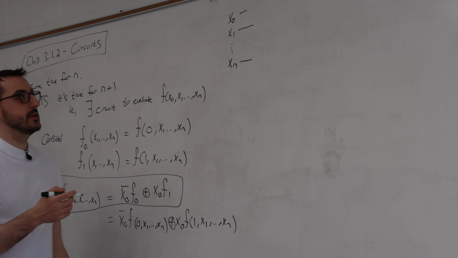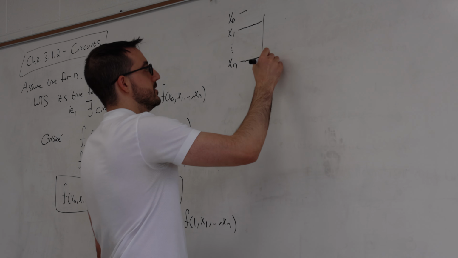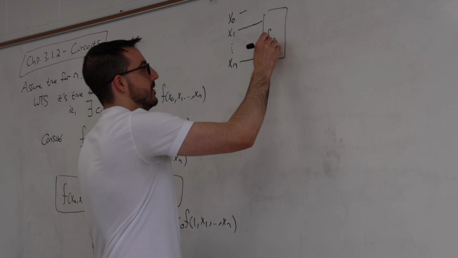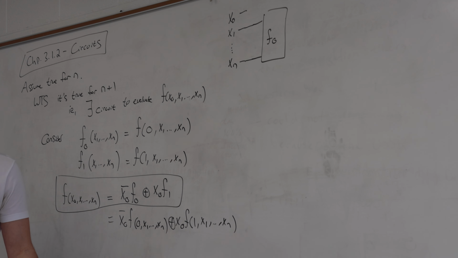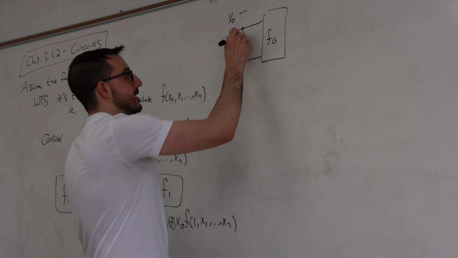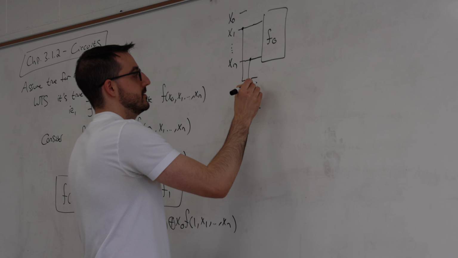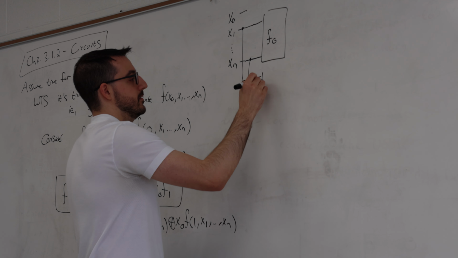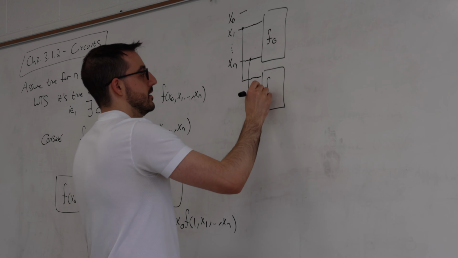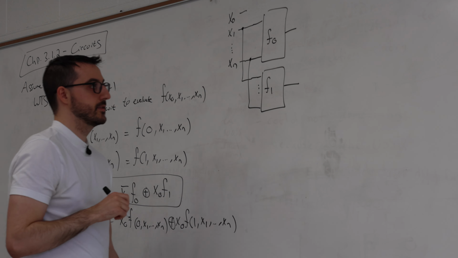So we're assuming that there exists some circuit to do that. So I know I'm going to want to do whatever that circuit is for f0. And then I'm just going to want to do that for f1 as well. So I'm going to just make a copy of these, using fan out. And then I will evaluate f1 on these bits to get 1 bit of output in both cases.